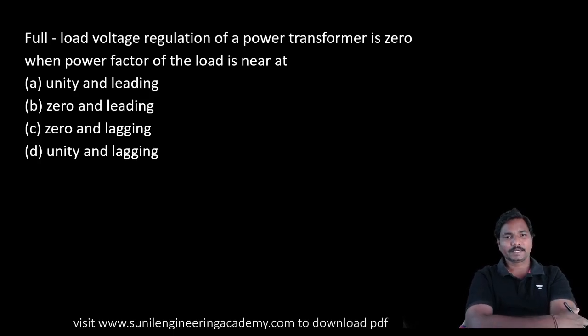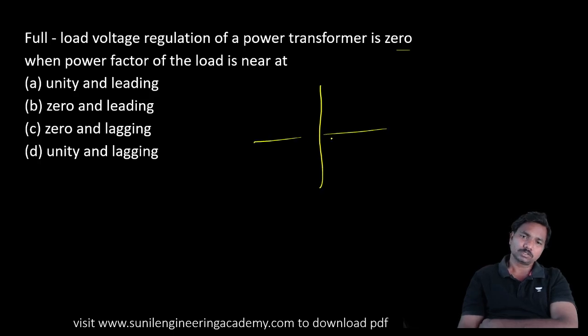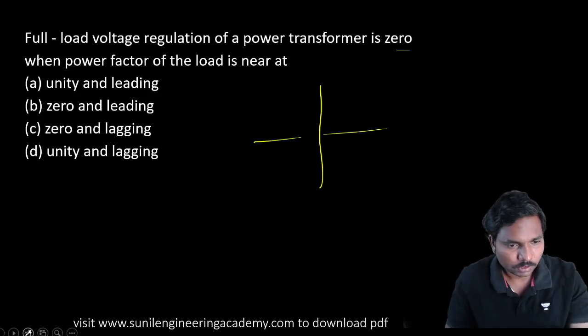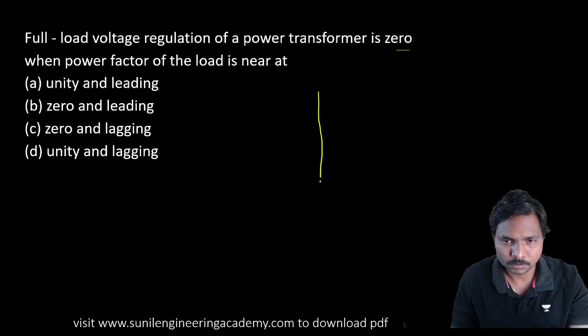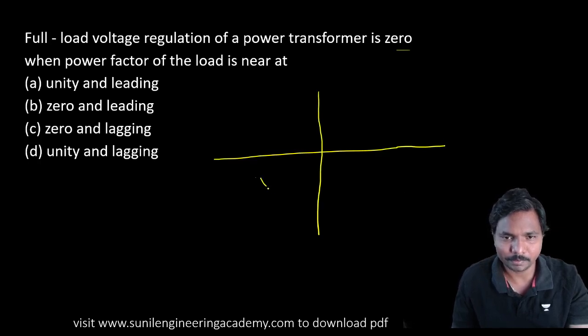Full load voltage regulation of a power transformer is 0 when the power factor of the load is near to dash. When will it be 0? I have already given this curve 2 times. It's difficult to draw the diagram in a neat manner by using the pen tab, guys, so please adjust.